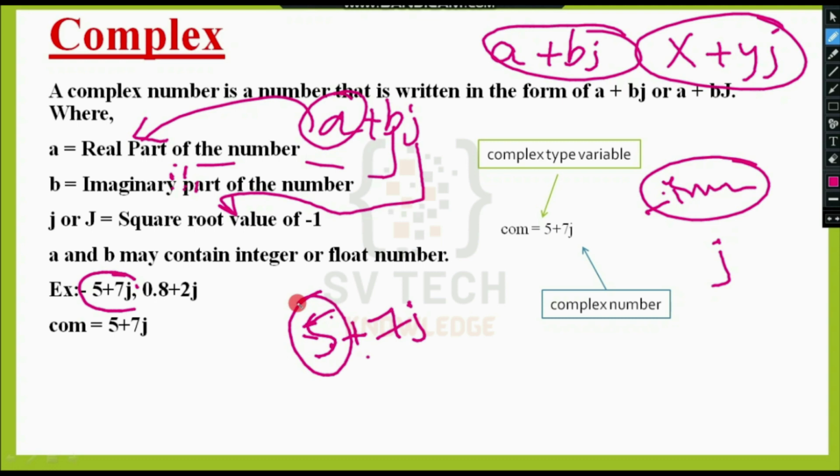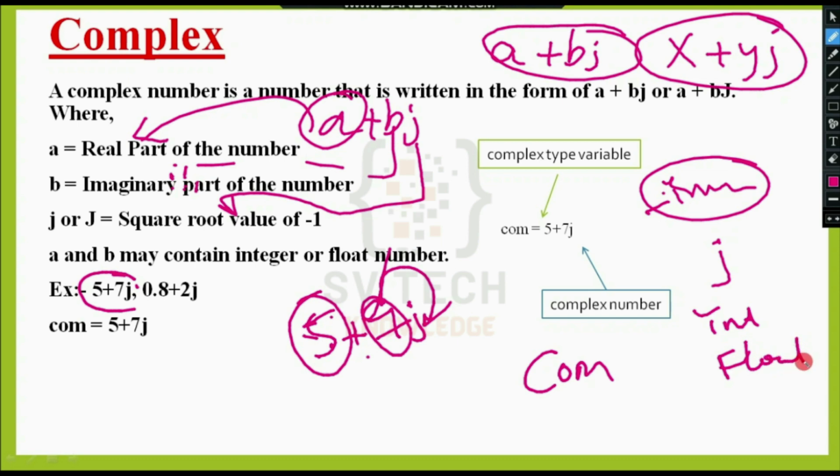So 5 is a real number, 7 is an imaginary number followed with j, which is the square root of minus 1. Here we use the word complex. For integer we are using int, for floating point numbers we are using float. Same like that, for complex numbers we are going to use complex. So complex is a type which stores complex numbers. Okay, is it clear? It is a complex number.